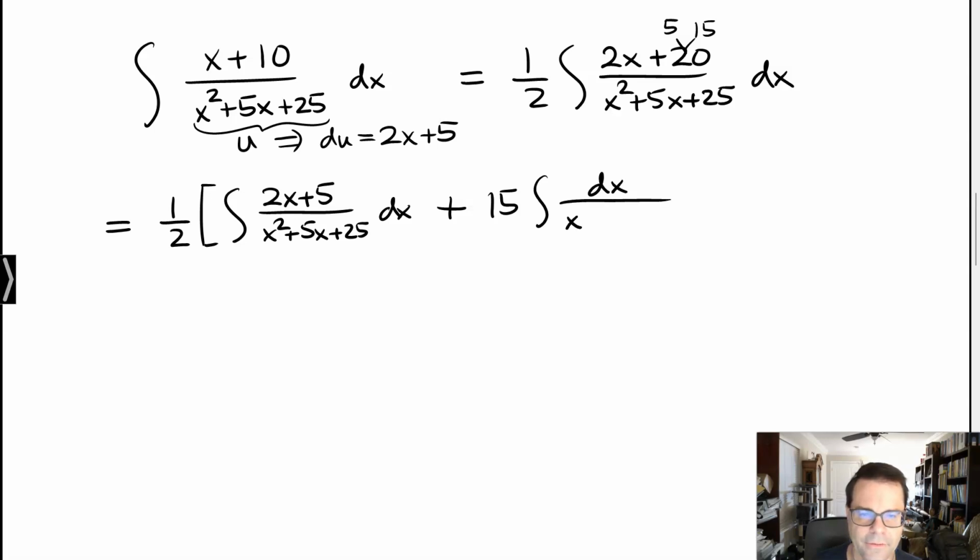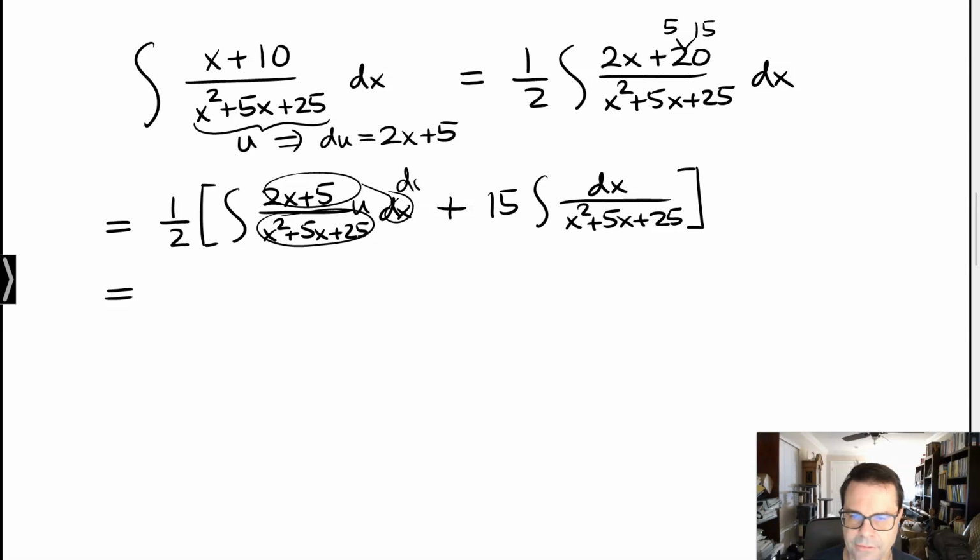And now, this one, the second one, is probably pretty similar to what you remember from class because you just complete the square as usual, which we did in the last one. So let's go ahead and do that. So all of this here, if this is u, this is exactly du. Okay, so it's the integral du over u.